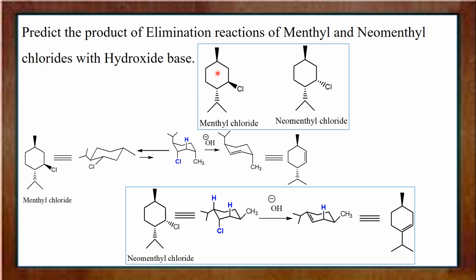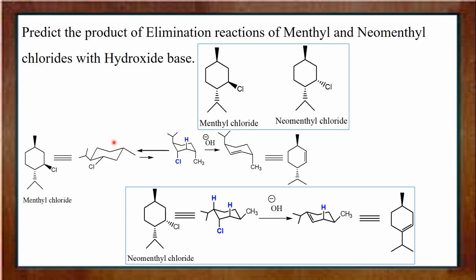Whenever we are given a problem with the hexagonal structure of cyclohexane, we should convert it into chair form. So in menthyl chloride, the methyl group and chlorine in 1,3 positions are cis with respect to each other, and the isopropyl group is trans with respect to them.